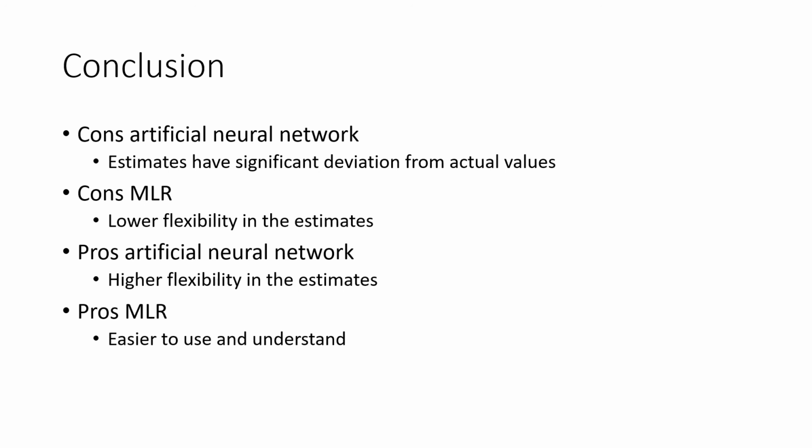And in multilinear regression, there is lower flexibility in the estimates. And then some of the pros would be for the artificial neural network, there is higher flexibility in the estimates. And for multilinear regression, it's easier to understand and it's a better looking model, I guess I could say.